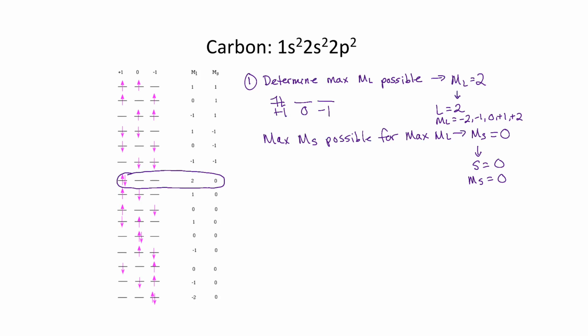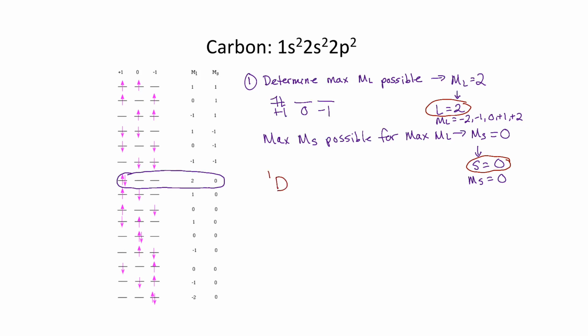Okay, so now we are going to take our combination of L and S. Okay, so we've identified our big L and our big S for this particular set of microstates. So we're going to assign a term symbol based on that combination of L and S, and that turns out to be a singlet D term symbol.